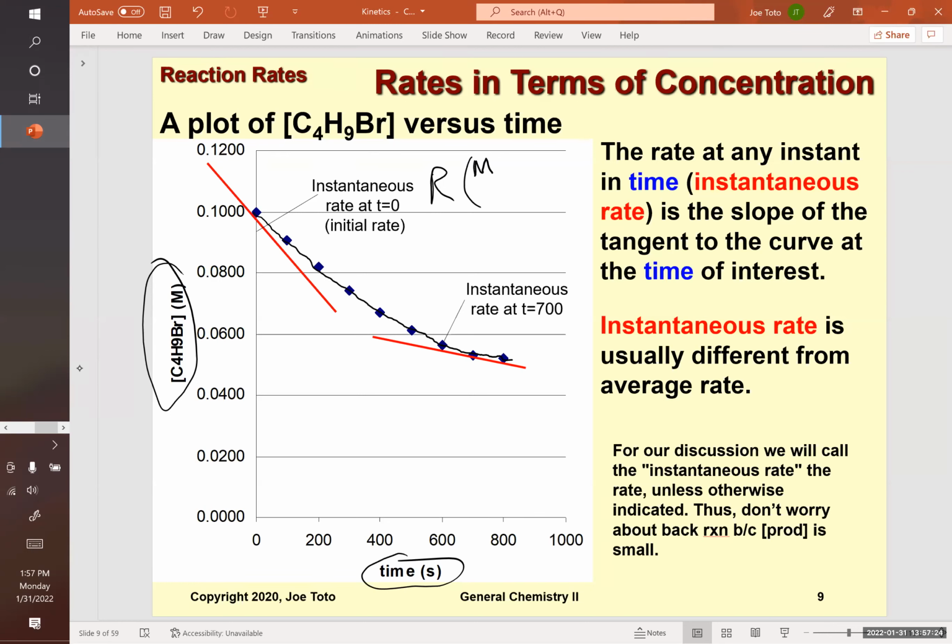So it's molarity per time. Oftentimes it's seconds, and in this case it will be seconds. So I need a value that has molarity in the numerator and seconds in the denominator. And I have molarity as the y-axis and time as x. So what quantity in this plot is going to be related to rate?